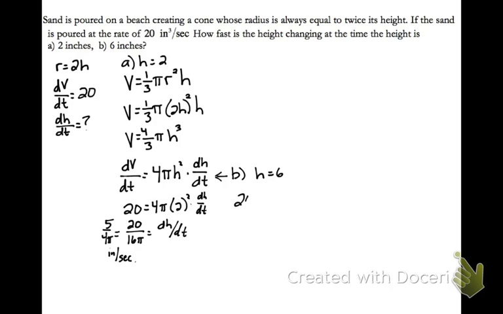So our work would be 20 equals 4 pi times 6 squared times dH/dt, and dividing, this would be 5/36 pi, and this is going to be inches per second dH/dt. And I know it's inches per second because it's the rate at which the height is changing, and height is in inches, or volume is in inches cubed. So hopefully this is what you got when you tried this problem out yourself.